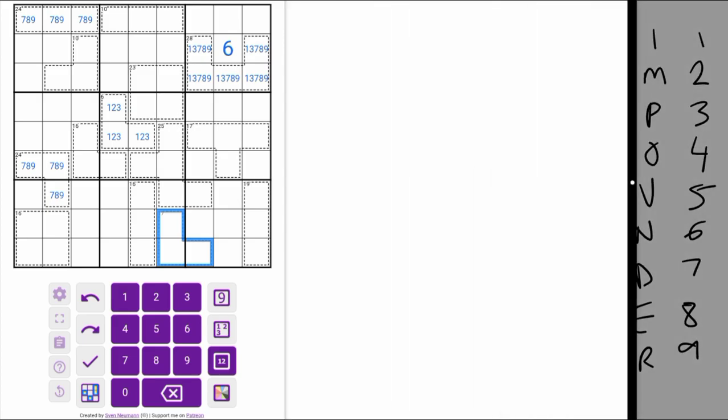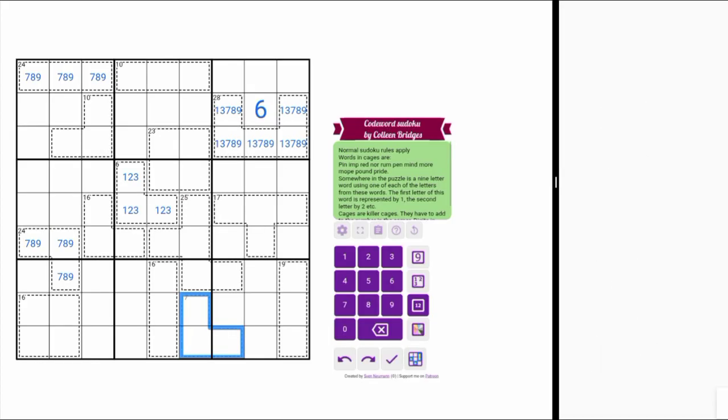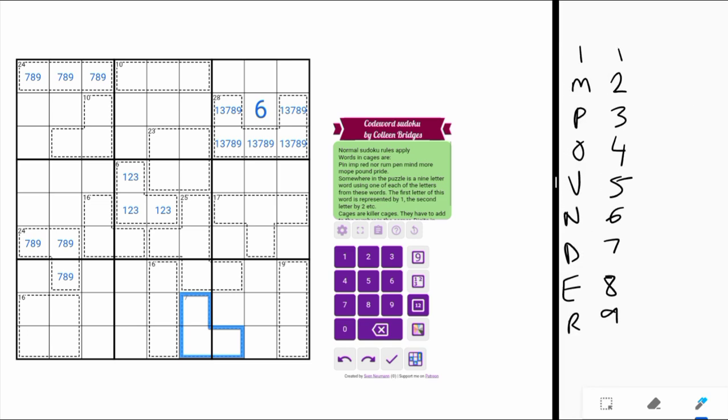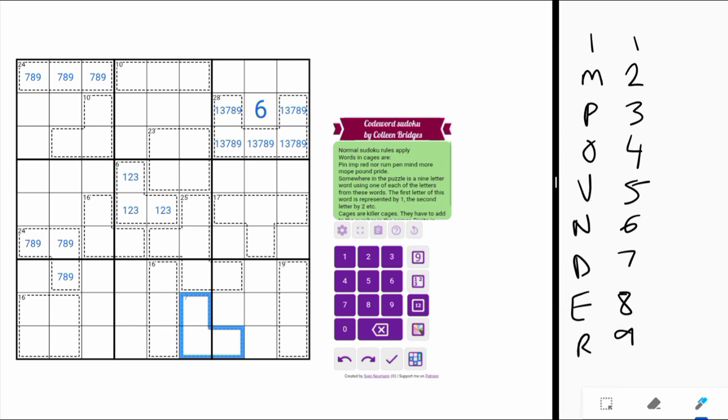I can make that a bit smaller now. It's disappeared. Oh, there it is. Okay, so now that we have that code word, we can now put all the words into the Sudoku.